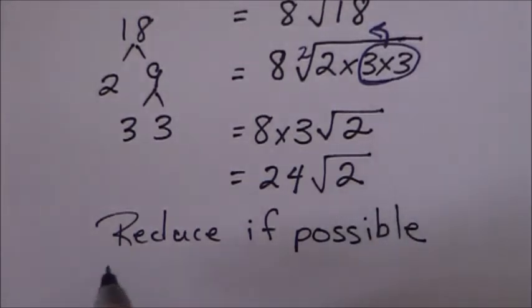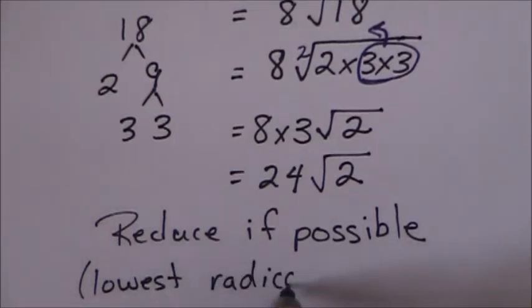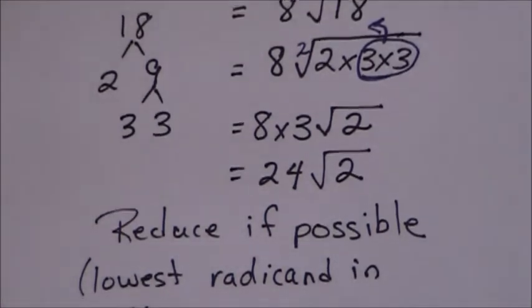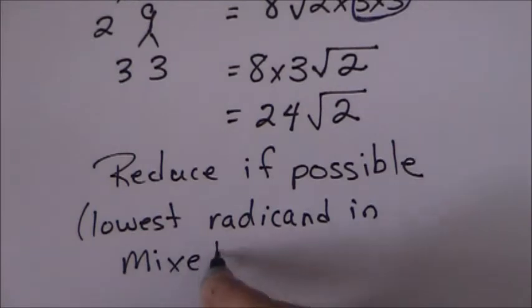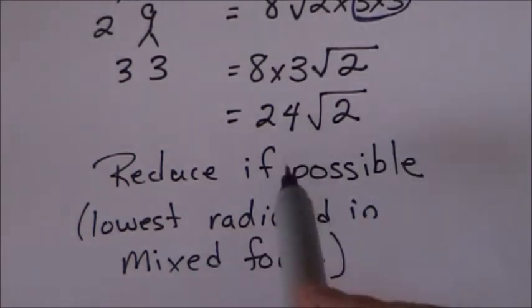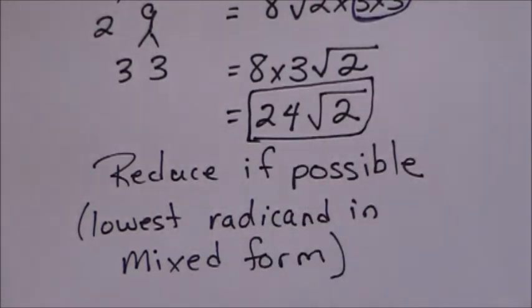And that reducing means lowest radicand, in mixed form. Two is a prime number. It can't get any smaller, so that is indeed our final answer.